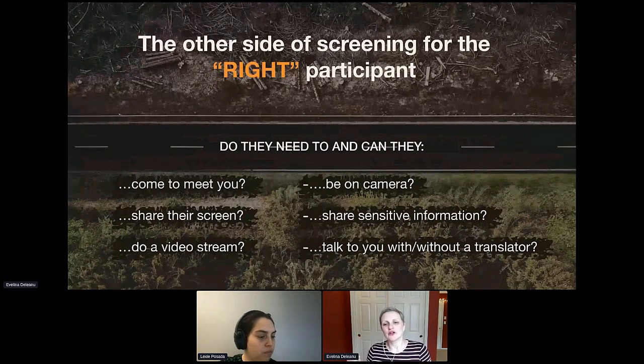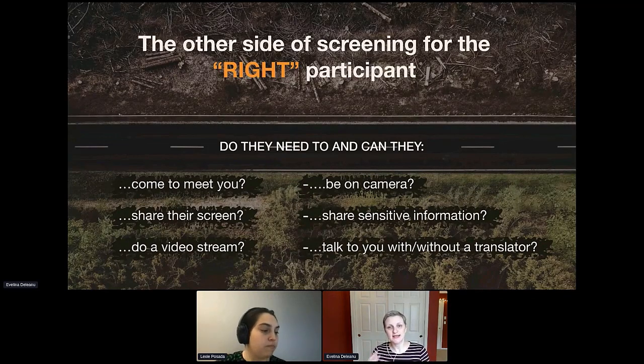Some other things that you need to consider, and again, include in your vetting criteria, are things like, can they actually physically complete your study and attend your study in a way that you need them to? So if you have to do a study in person, will they be able to travel and meet you at a specific location? Or perhaps they have some requirements and needs that prevent them from traveling away from where they reside.